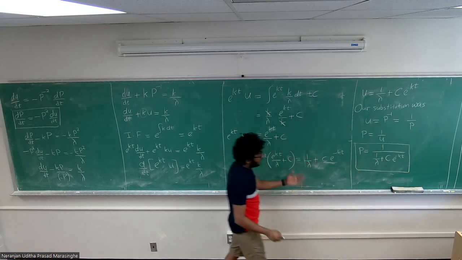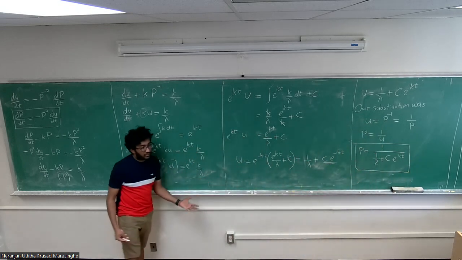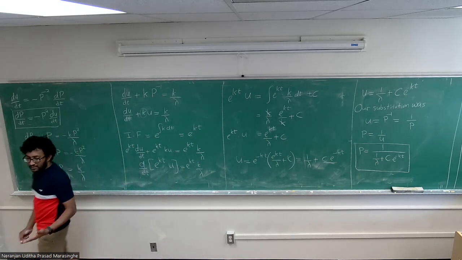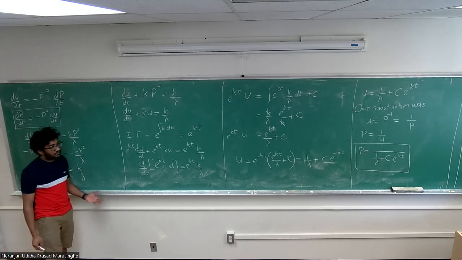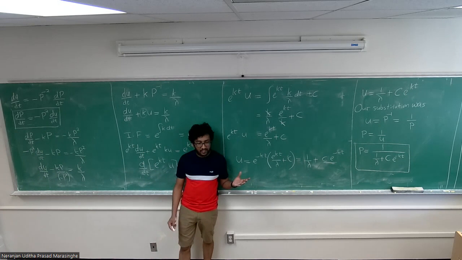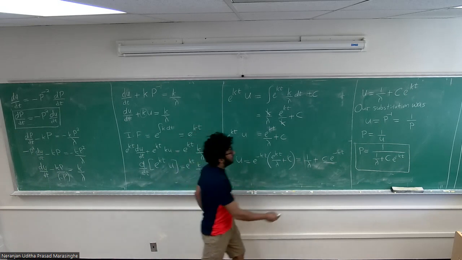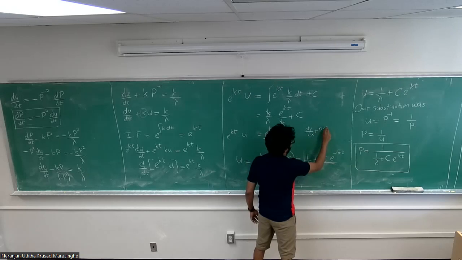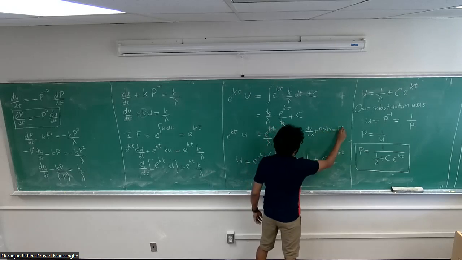Okay, so the idea is we can use the Bernoulli trick to solve the logistic equation. The logistic equation is not a linear equation, it's non-linear, but it's a special kind of non-linear equation, because it would be like this: dy over dx equals f(x) times y.